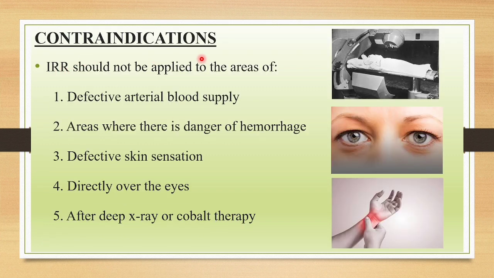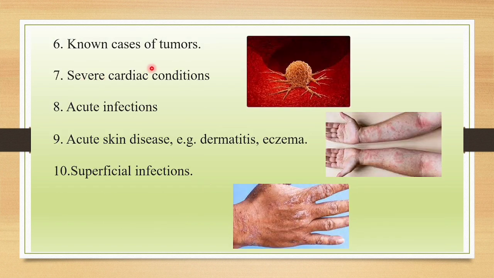And coming to the contraindications, infrared radiation should not be applied to the areas of defective arterial blood supply, areas where there is a danger of hemorrhage, defective skin sensation, and directly over the eyes, after deep X-ray or cobalt therapy, cases of tumors, severe cardiac conditions, acute infections, acute skin disease, for example dermatitis and eczema, and superficial infections.